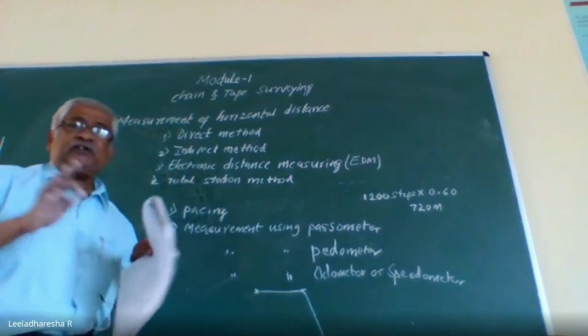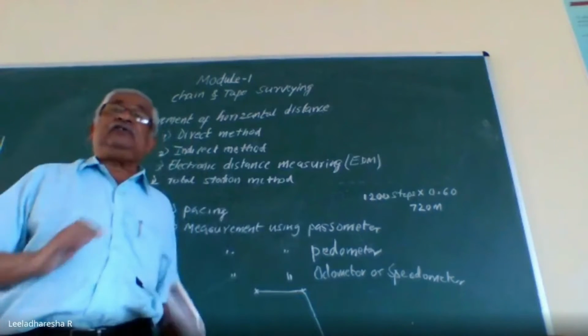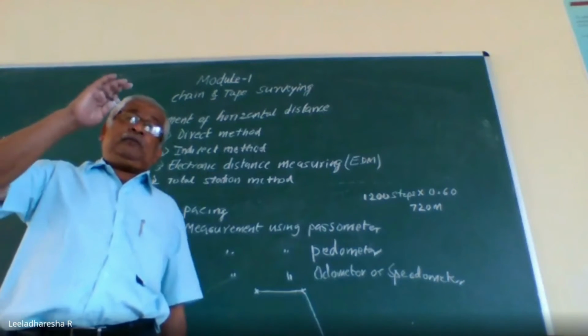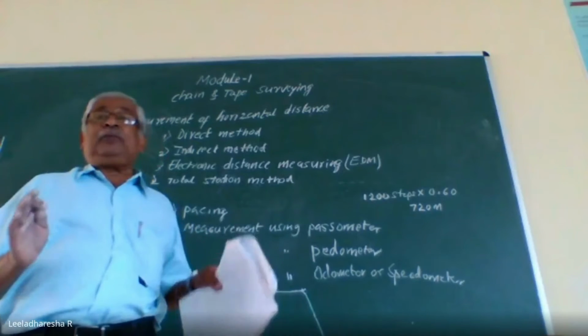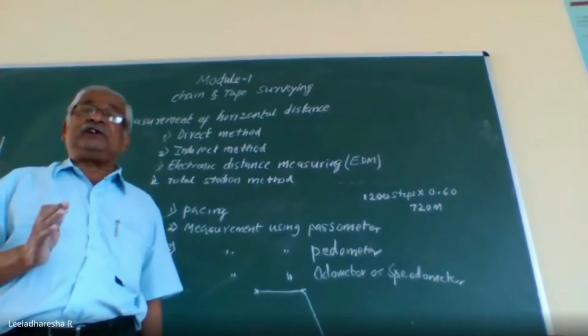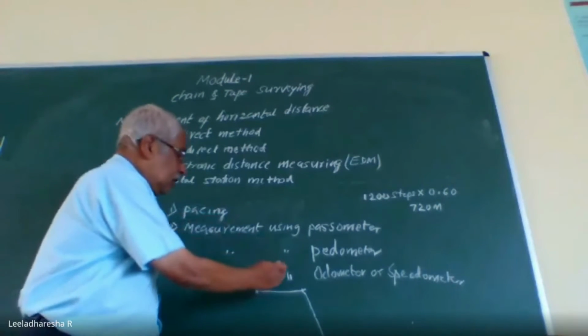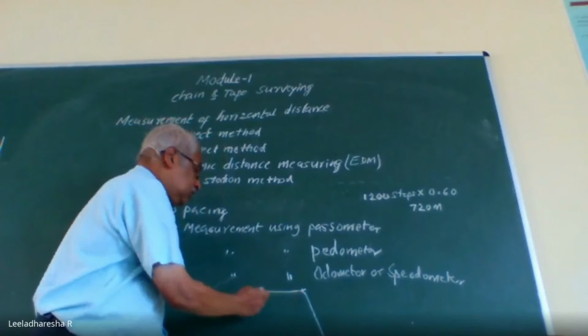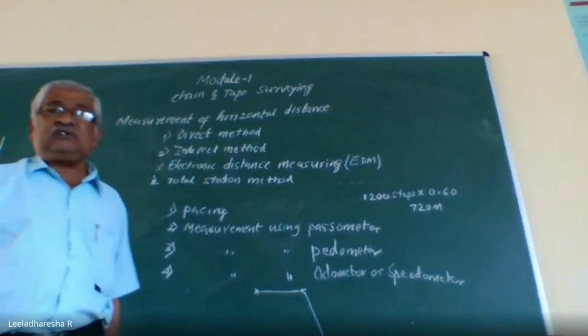See, your drawing sheet size may be around 40 centimeter by 60 centimeter. So, to get that village plan within a single sheet, select along this direction, your drawing sheet is 40 centimeter, along this direction it may be 60 centimeter.